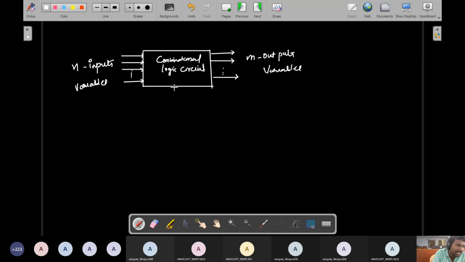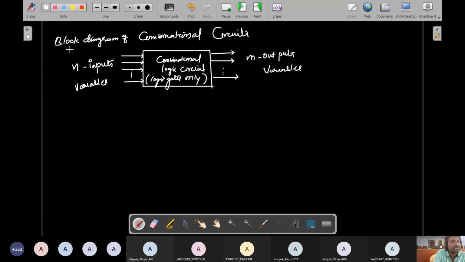Inside there is a combination of logic gates. Understand? So this is the block diagram of combinational circuits.